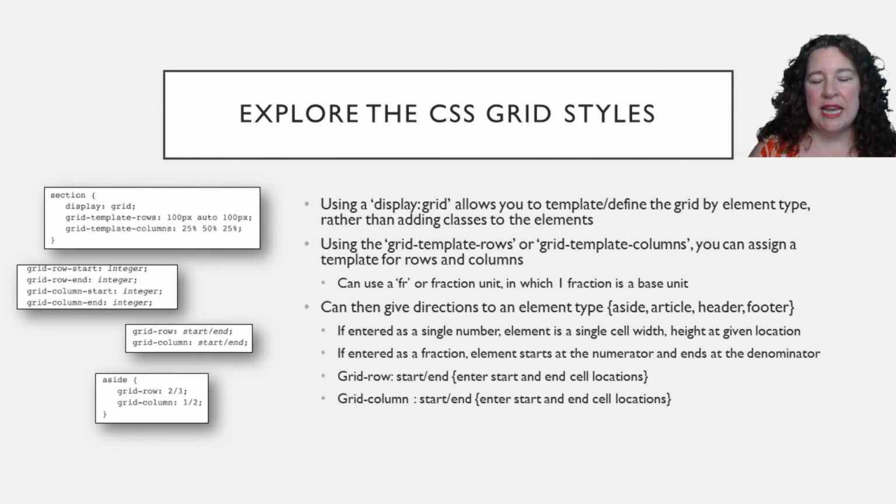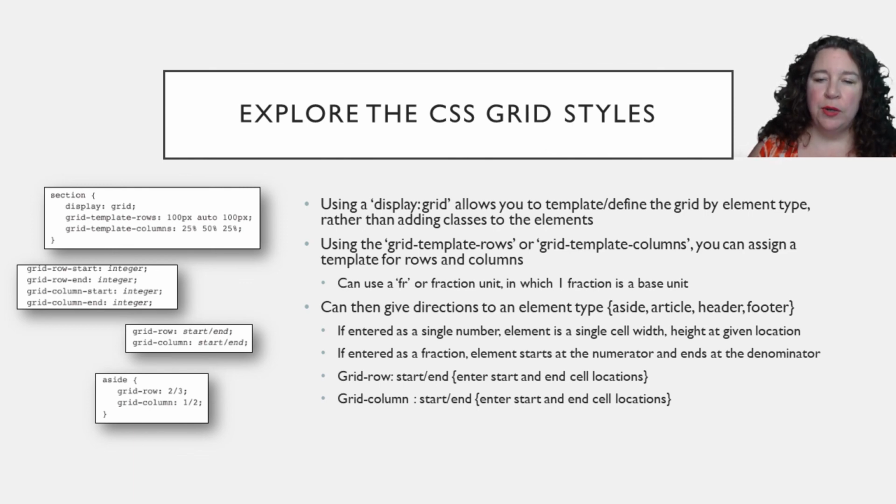There is in HTML5 a display type of grid, and you can use that instead to do templating of your rows and columns if you want to keep all of your CSS in your CSS file rather than having the class name tell you a little bit about the formatting. We could set that up over in just the CSS styles with a display type of grid.